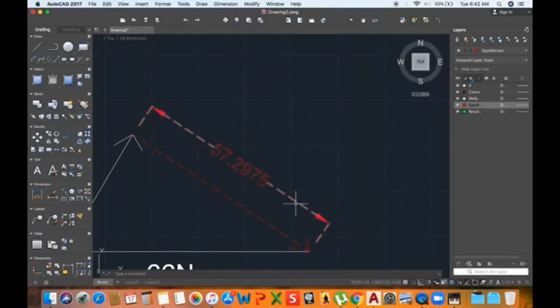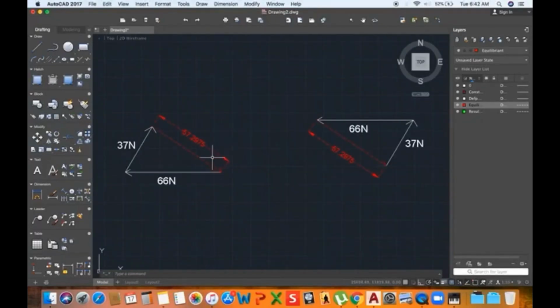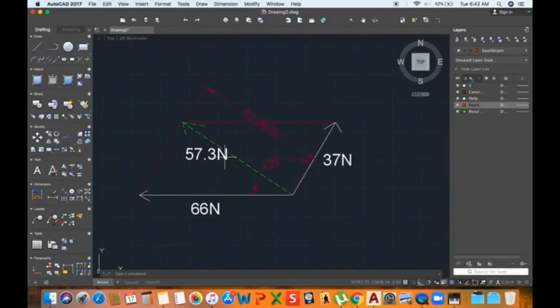If you notice, both diagrams are giving you the same result. So this equilibriant force is 57.2975 newtons, or 57.3. Now, based on the previous lesson, you will notice something. In the most recent video, we solved for the resultant force.